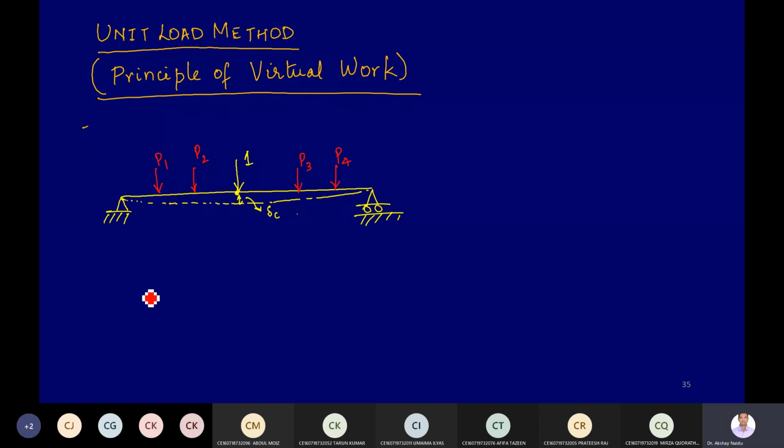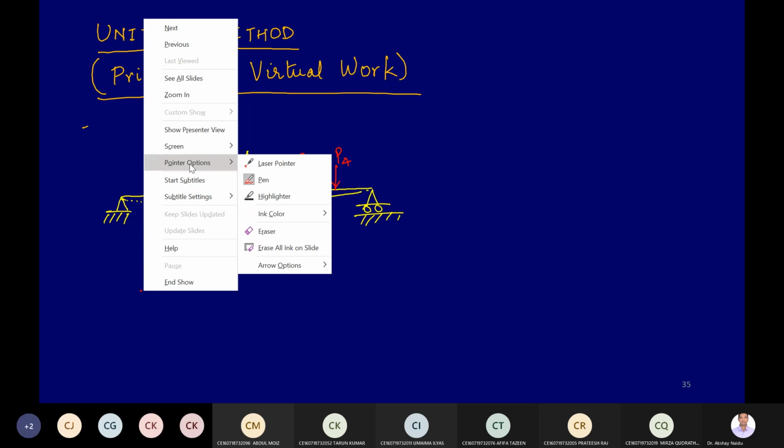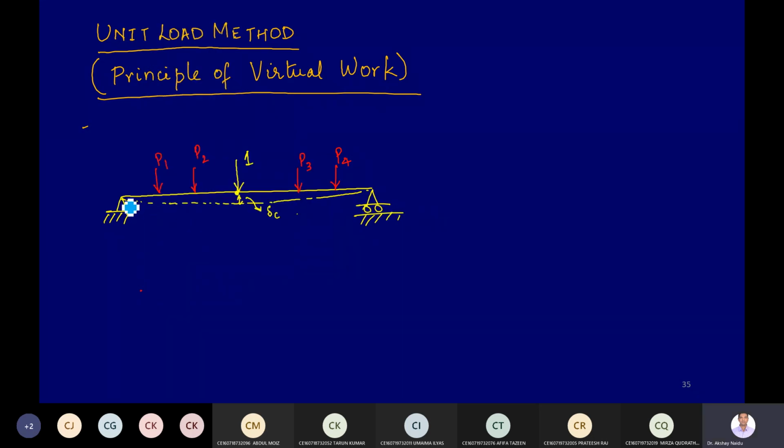Now what happens? Let's see the deflected shape. Now, due to the other loads, this deflection, very important, this deflection is delta.